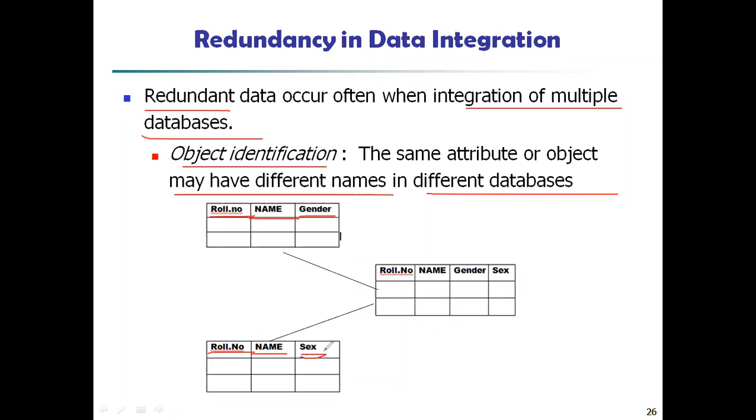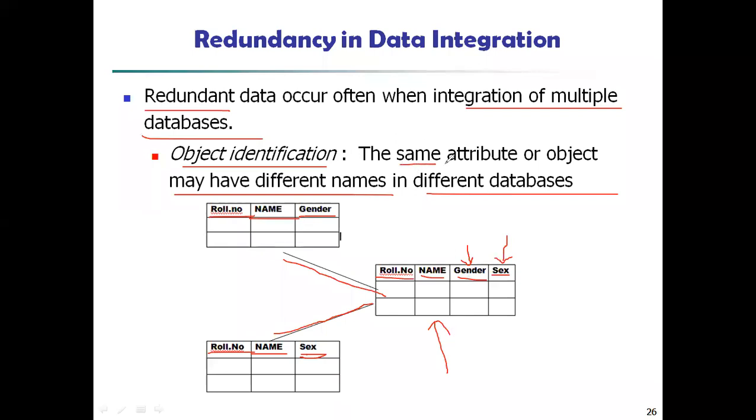Whenever you combine or merge these two tables' data, the resultant table has roll number, name, gender, and sex. But in real time, gender and sex are both the same, just with different names. If you merge like this, you may get duplicate column names or field names.